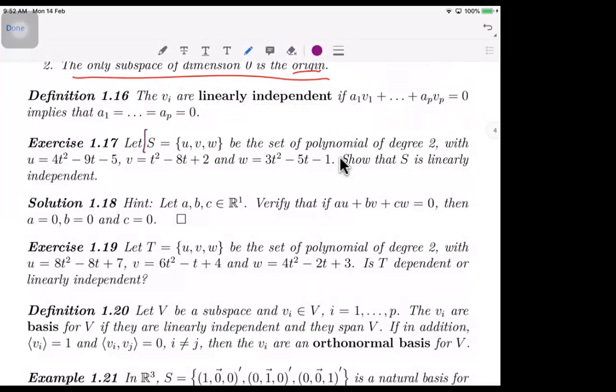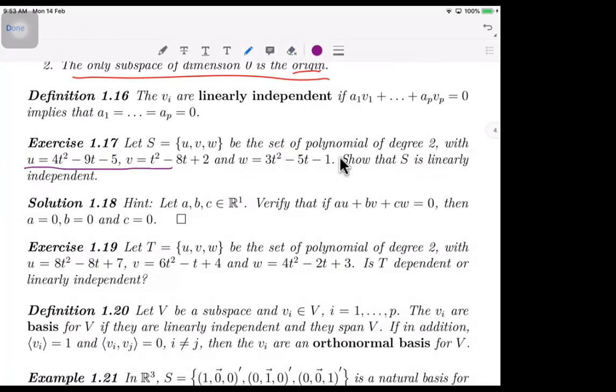Okay. So suppose your set S, containing U, V, W, is a set of polynomials of degree 2, with these equations.